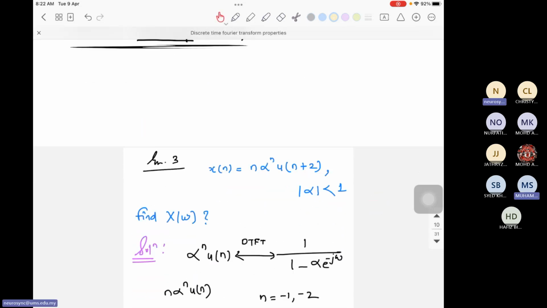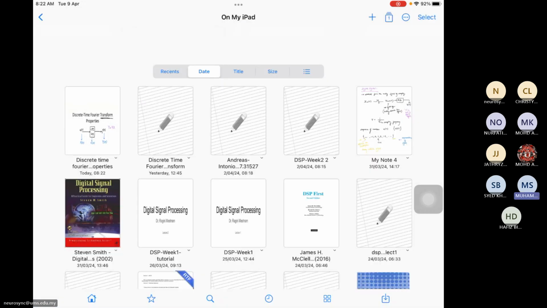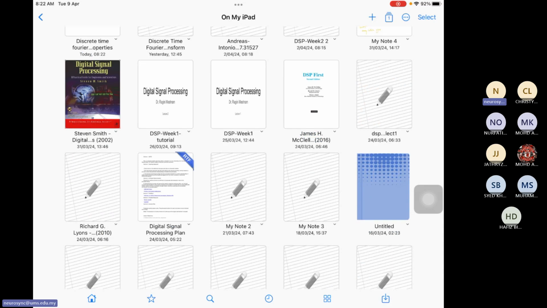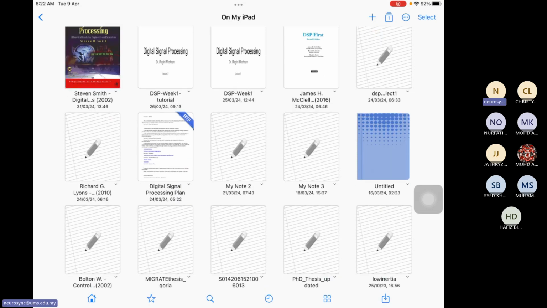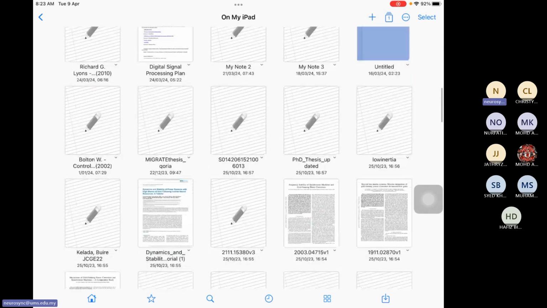Maybe after doing more we can fully grasp all of these ones. You need to, but for now, you should practice the examples. So you can take the reference book I suggested. At the end of the discrete time Fourier transform chapter, you will see many examples to practice.